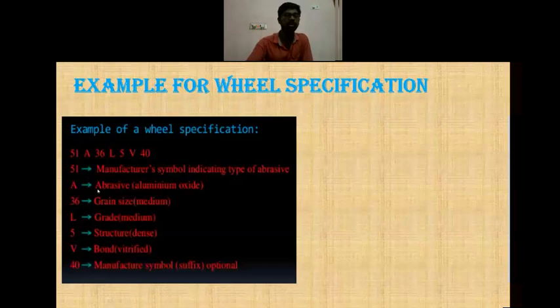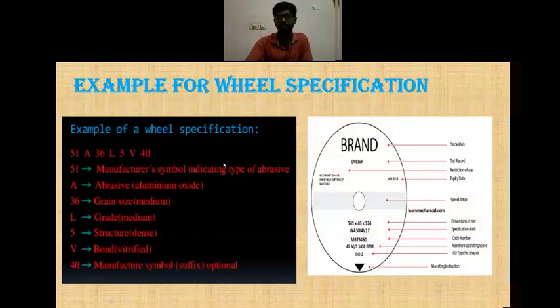And the next one will be the letter A, which denotes the aluminum oxide abrasive, and then 36 denotes the medium size grain of the grinding wheel, and then L denotes the medium grade of the grinding wheel, and then 5 denotes how closely they are packed, that is, the dense structure of the grinding wheel, and V denotes the vitrified bond of the grinding wheel, and then 40 will be the manufacturer's optional symbol.